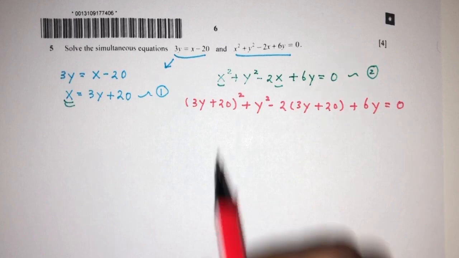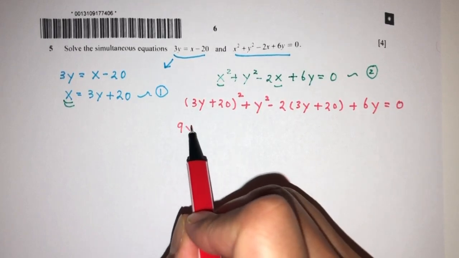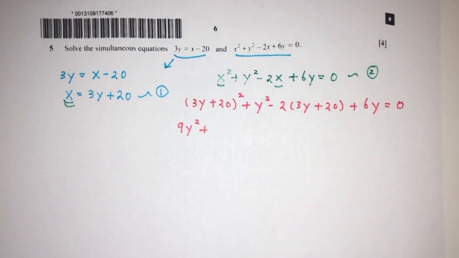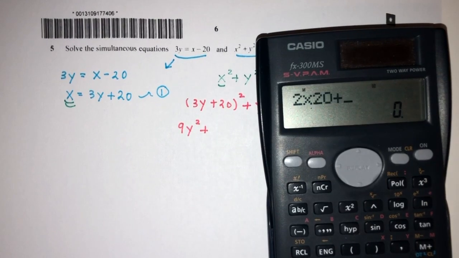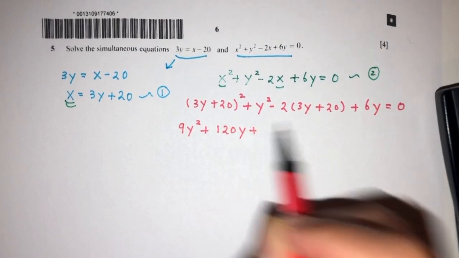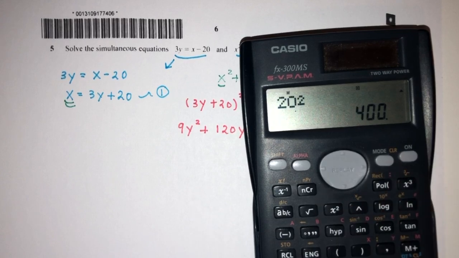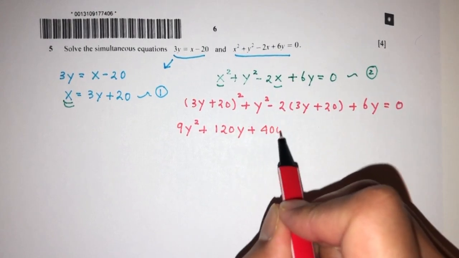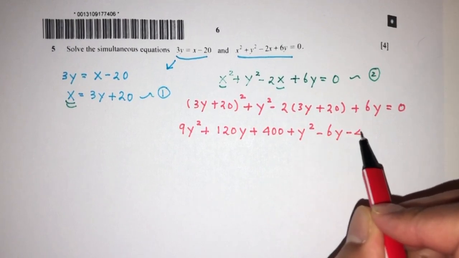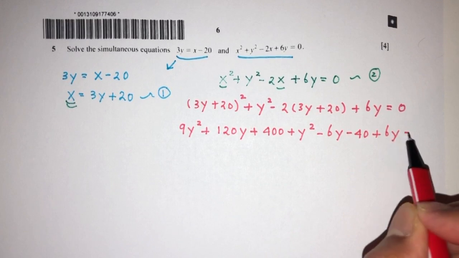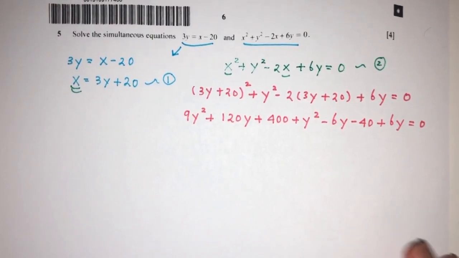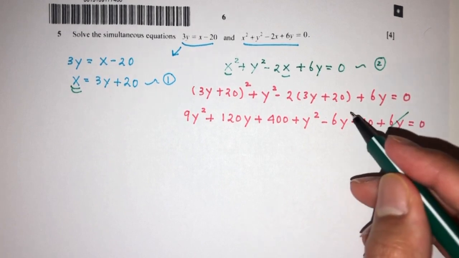Now let's see what do we have. So expand, you will have 9y squared plus, so 2 times 3 times 20, that should be what? Let's check. Because it's always good to use that calculator because it prevents you from making a stupid mistake. Then we have 20 squared, that will be 400 plus y squared, then minus 6y minus 40 plus 6y has to be 0. Right. Now let's simplify. As we can see, this and this will have to cancel out.